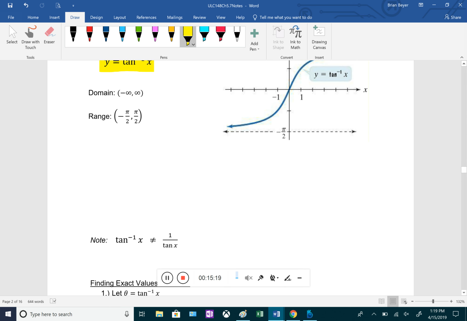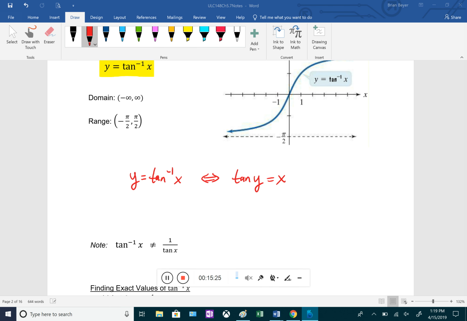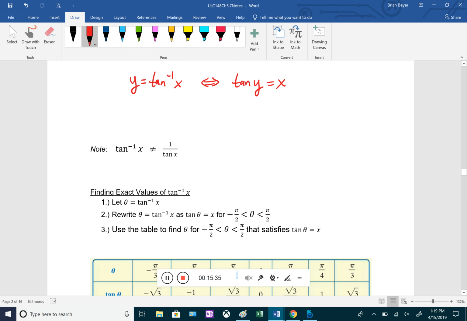Okay, and the relationship between tan inverse and tangent: if y equals tan inverse of x, that means tangent of y equals x. And for the third time, inverse of tangent is not equal to the reciprocal of tangent.